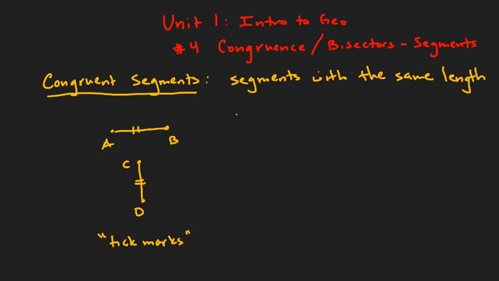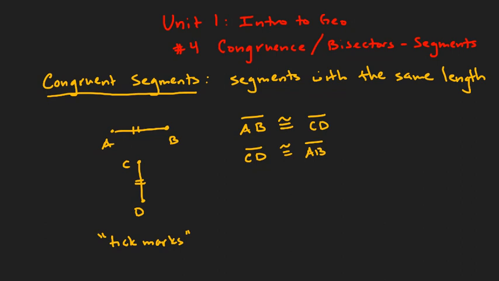What we would write is, based off this picture, segment AB, and then the symbol for is congruent to is an equal sign with a squiggle on top. I think it's called a tilde. Segment AB is congruent to segment CD. You could also put that segment CD is congruent to segment AB.